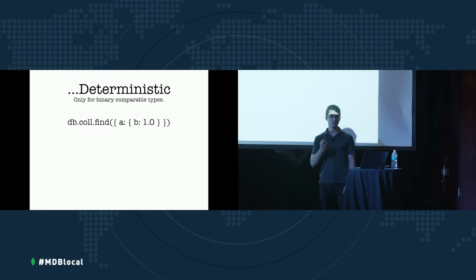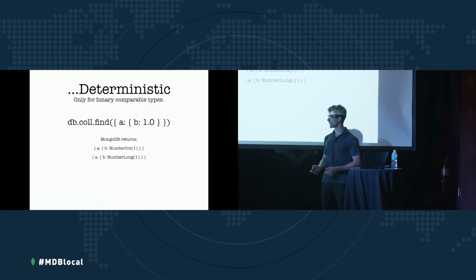But there is a caveat in that we only support this for binary comparable types. What I mean is, right now this query, if you were to run against an unencrypted collection, could return a few different things. A with B containing a double 1. This could return A with B containing an integer, A with B containing a long, and A with B containing a double, the exact match. But these all have different binary representations.